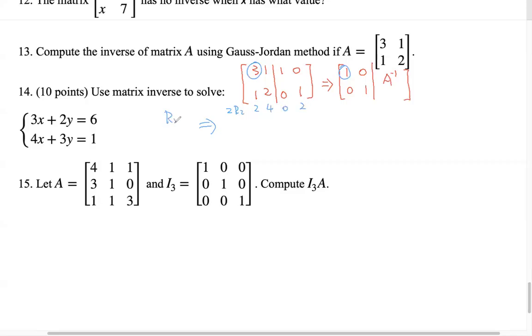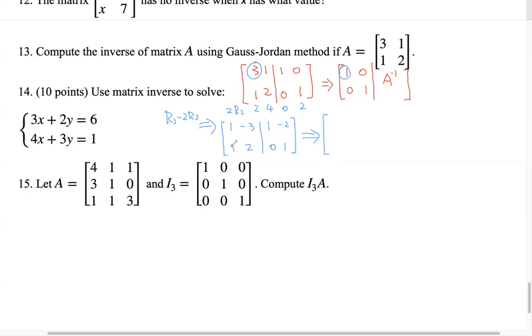Then we use R1 minus 2R2. So 3 minus 2 would be 1. 1 minus 4, negative 3. 1 minus 0, 1. 0 minus 2, negative 2. And the second one is just 1, 2, 0, 1.